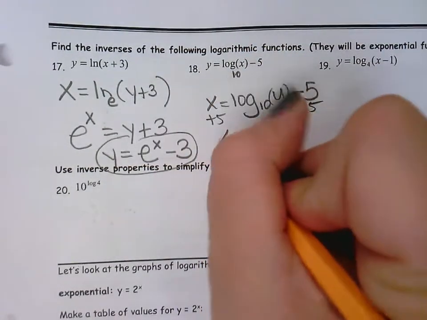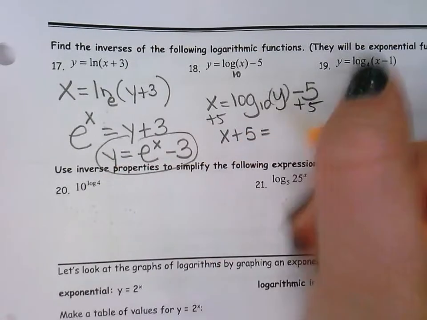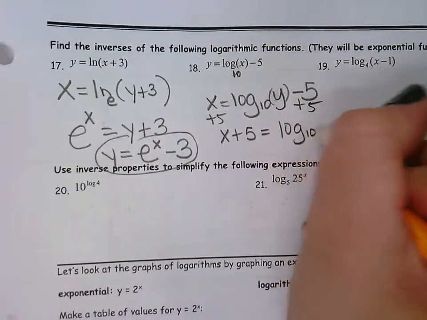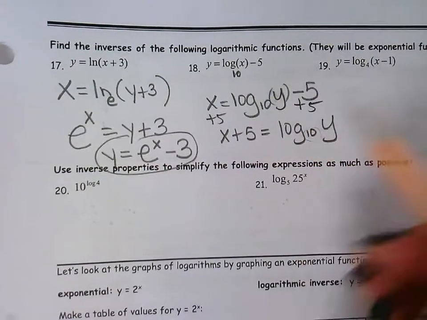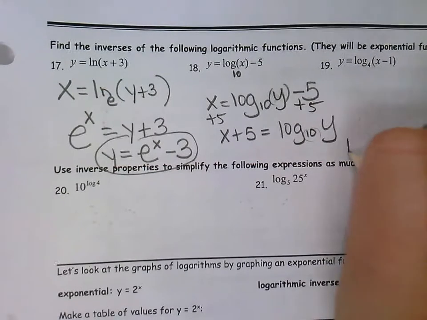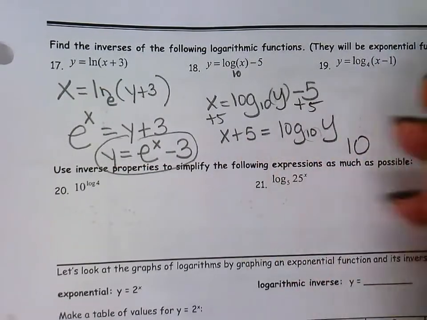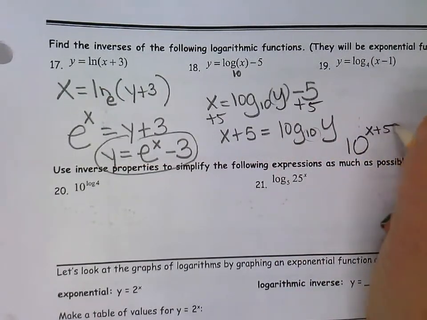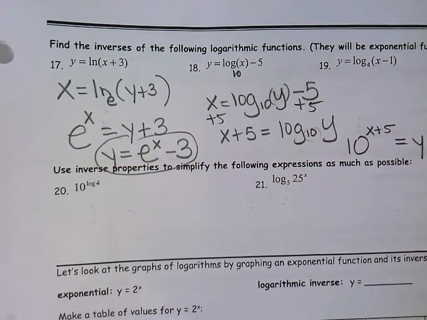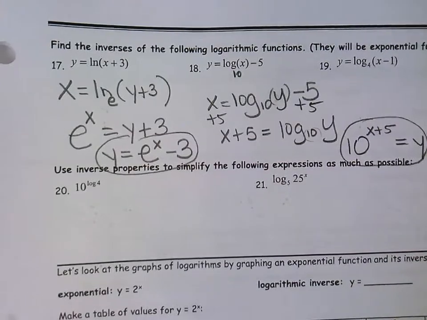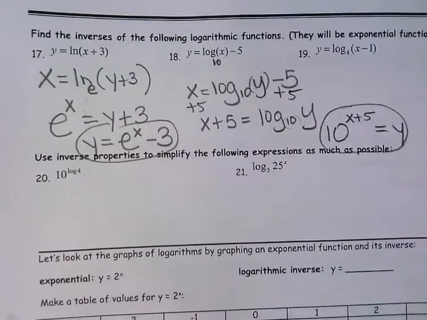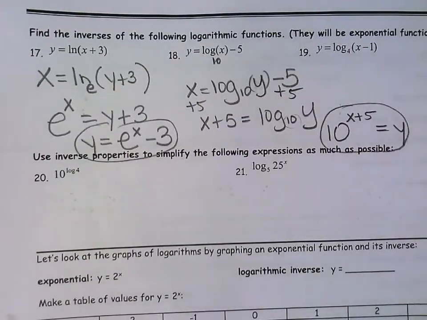So I have x plus 5 equals log base 10 of y. So my last step is to change form. So the base is 10. So it's going to be 10 raised to the x plus 5 power equals y, or y equals 10 to the x plus 5. Okay, so try 19 on your own and see if you can get it.